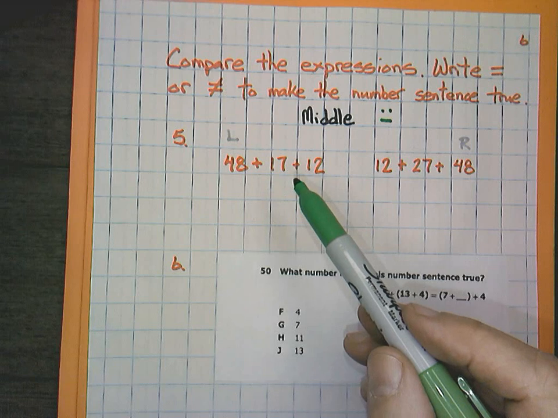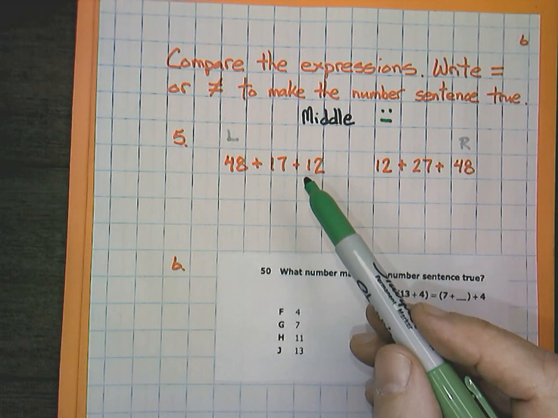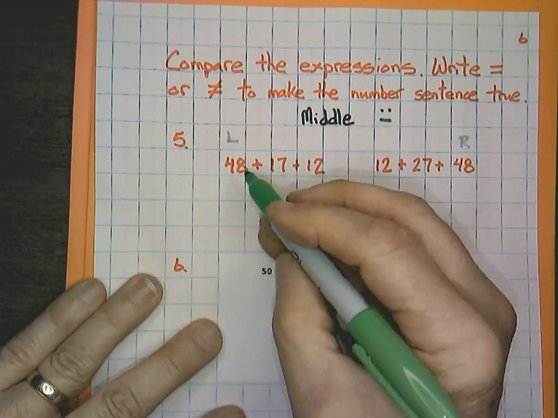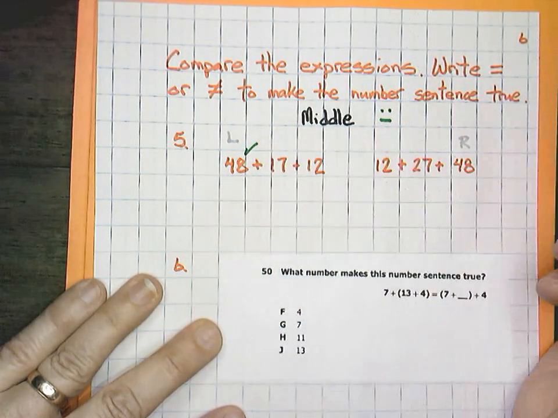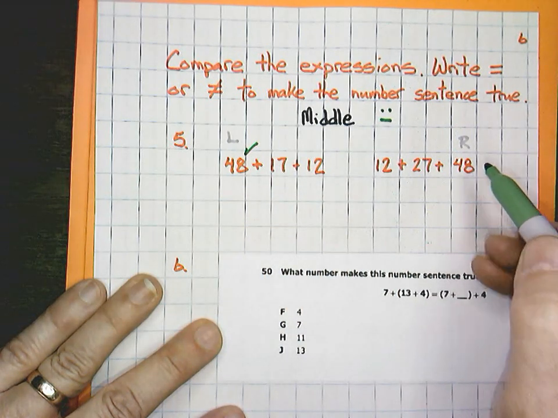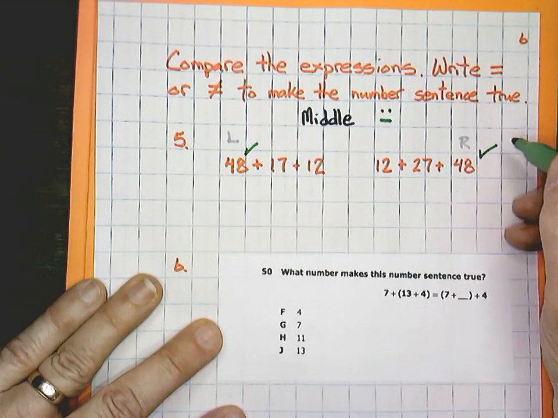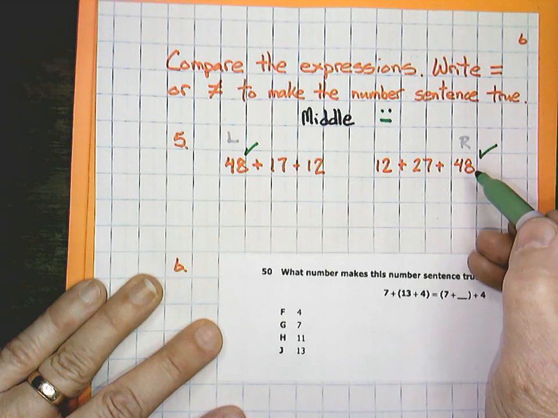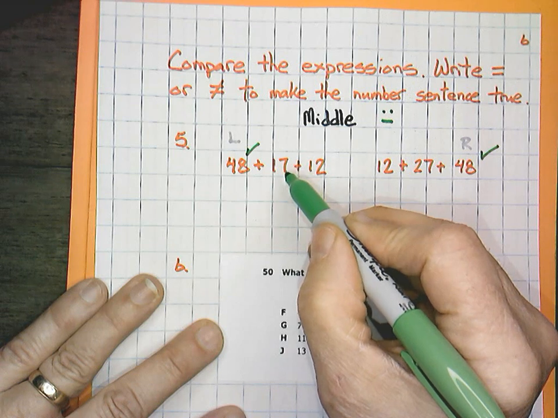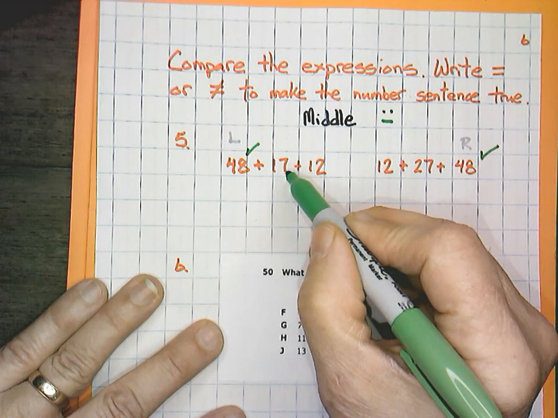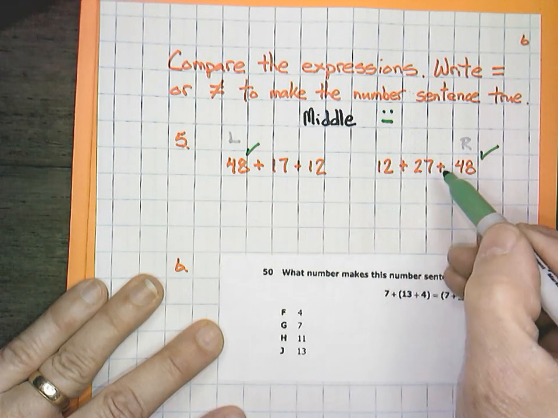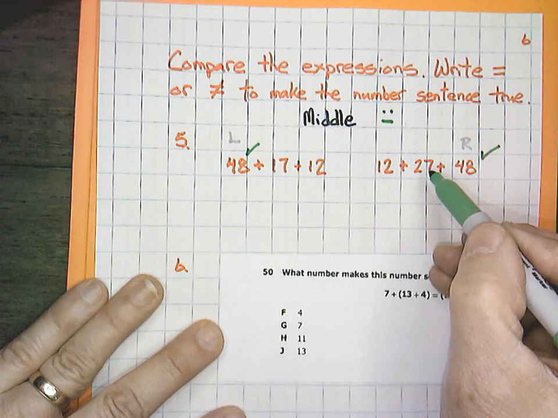Using the associative property, I could just add these. However, I notice here that I have 48 on the left. I also see 48 here on the right. So that so far would be equal. 17 here on the left, but I do not see 17 here.